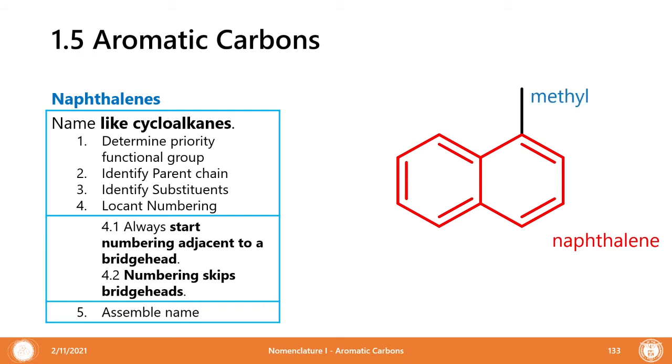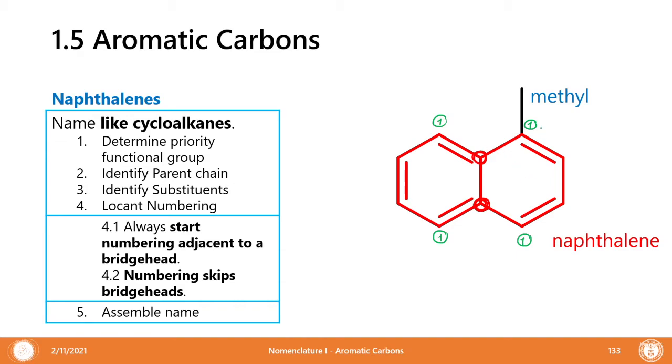So next, we identify the substituents. We have methyl here. And then we begin locant numbering. Now, it has a special locant numbering. We always have to start numbering the locants adjacent to a bridgehead. So here is our bridgehead. Remember, from bicyclic compounds, we always have to start number 1 adjacent. So we can start number 1 here, here, or here, or here. And we always have to go in a certain direction, away from the bridgehead.